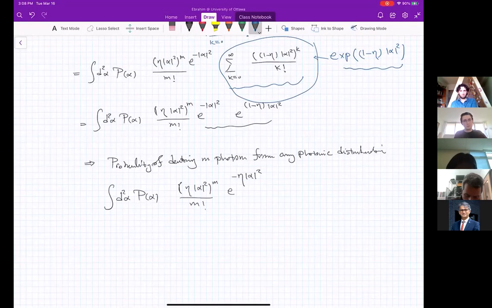If you have an operator O and you want to look at its expectation value, you have to do the integral of d2 alpha, W of alpha with sigma, and then the operator O should be with minus sigma, written in that order.